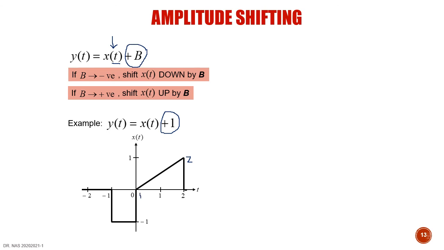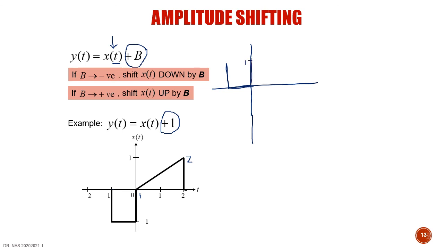So let's draw how this signal looks like. So everything will be shifted up by 1. So -1 now becomes 0. Okay, so here 0 becomes +1. And then here 0 becomes +1.